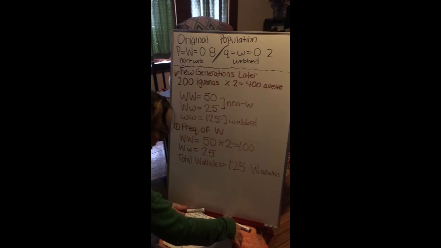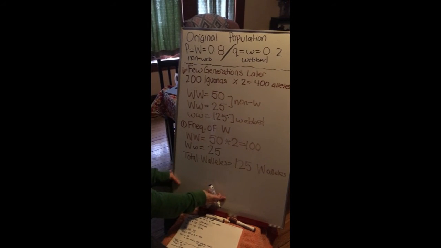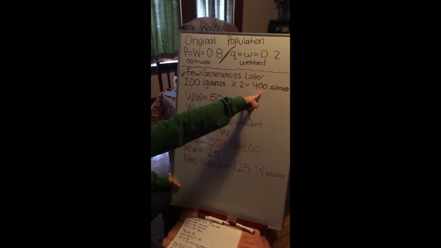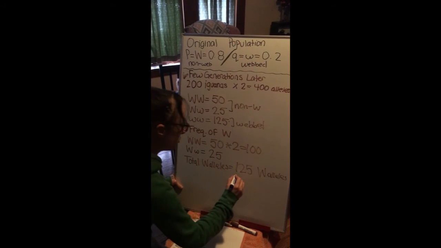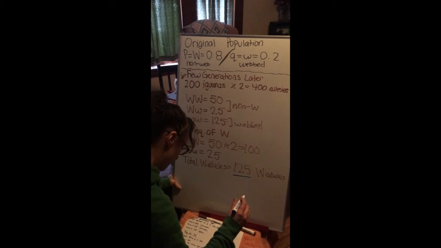So to figure out the frequency of my dominant allele, we had a total of 400 alleles in this now gene pool of my future generation. So we take 125 divided by 400.